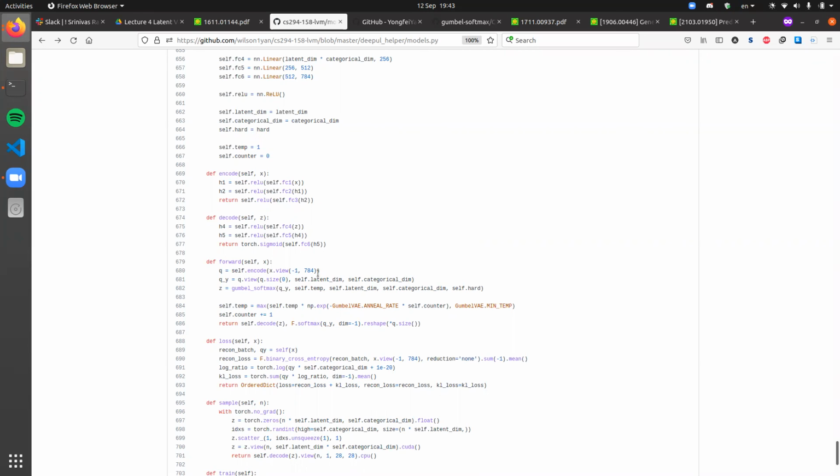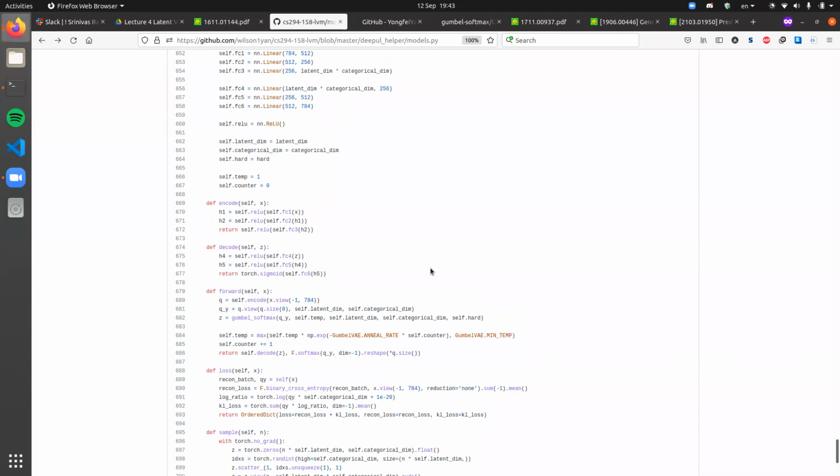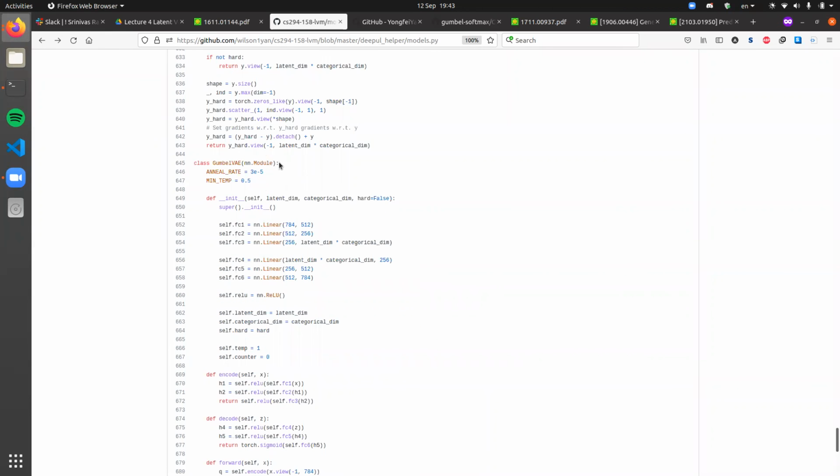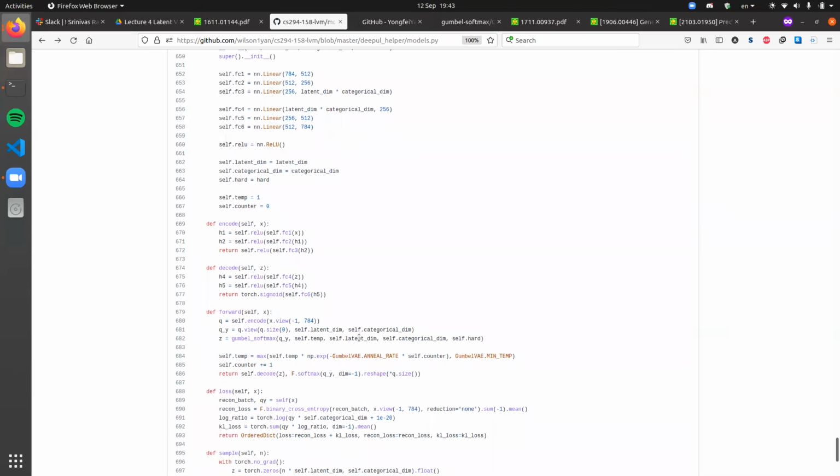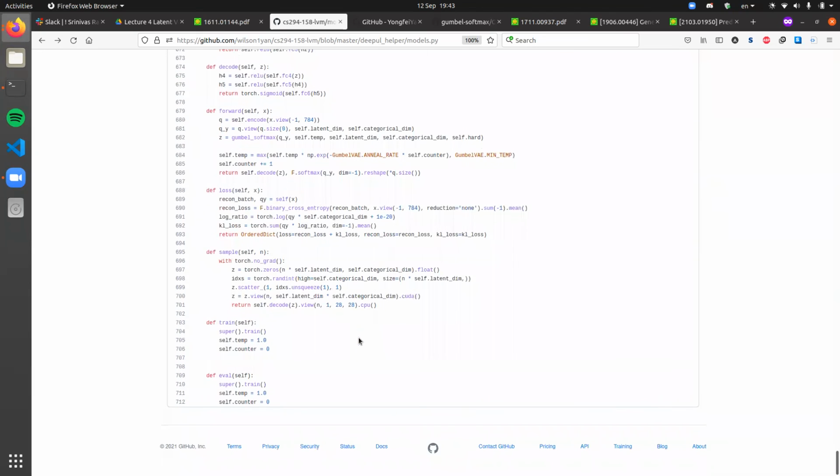The samples using Gumbel softmax will be closer to the actual samples as we decrease the temperature. So they have these parameters here, and you can actually play around with it.